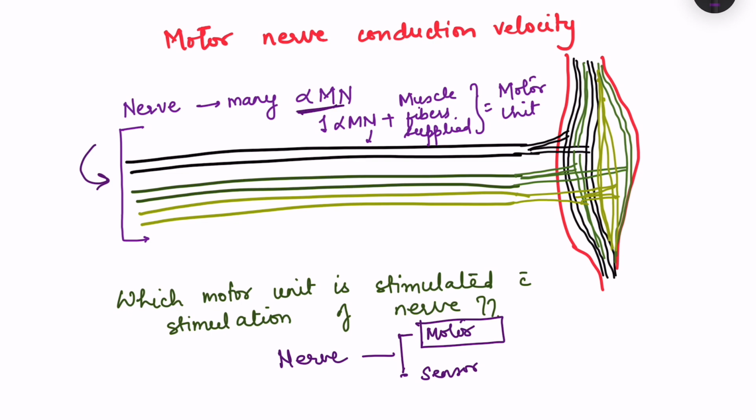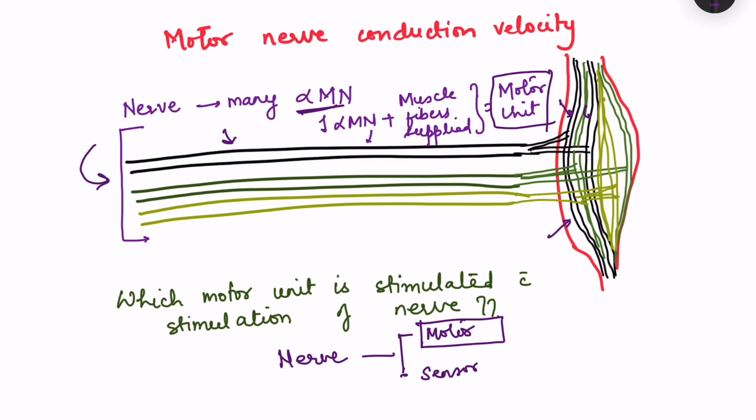Now one alpha motor neuron which is coming from the spinal cord supplies some fibers within the skeletal muscle. So you see this black neuron, I have made with color distinction. Here it is supplying the black fibers in the muscle. Okay, so the number of muscle fibers which are supplied by a single alpha motor neuron is known as a motor unit.